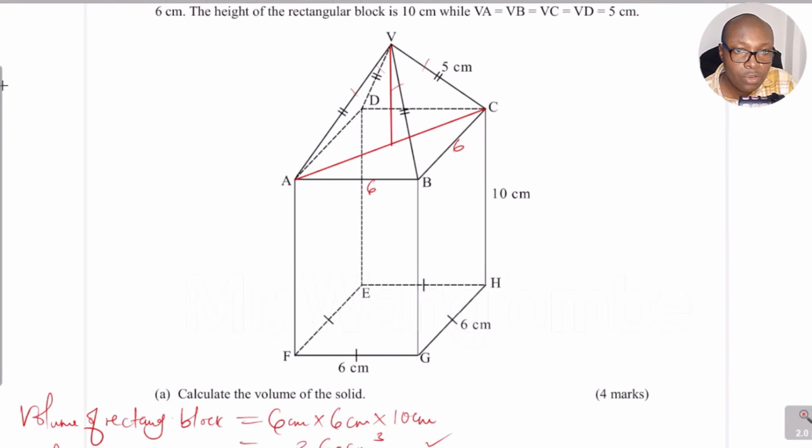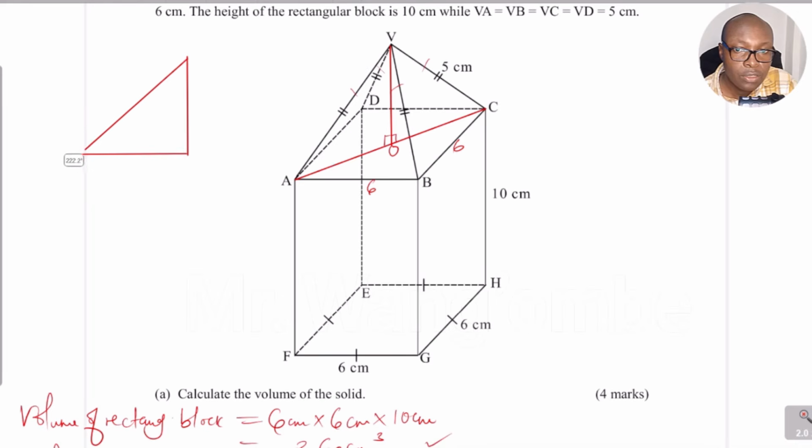So the height will drop from V to the midpoint of AC, and remember, it will meet AC at 90 degrees. Let me name the center here to be O. So for us to get the height, I will have to extract that triangle that you're going to use to get the height.